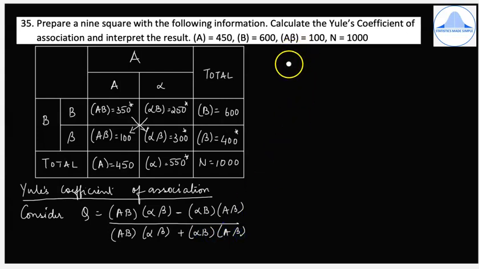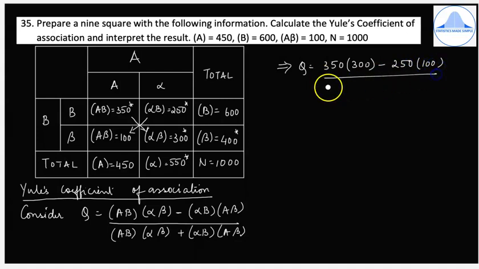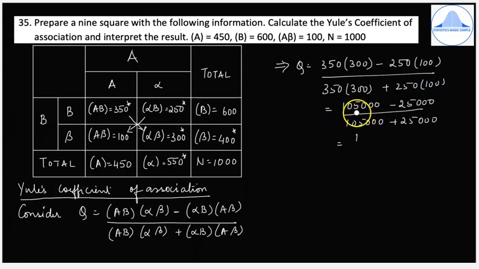Now substitute all the cell frequencies correctly in the formula. So Q is equal to 350 into 300 minus 250 into 100 divided by 350 into 300 plus 250 into 100, which on simplification gives 1,05,000 minus 25,000 divided by 1,05,000 plus 25,000.